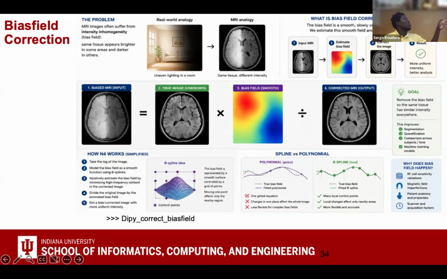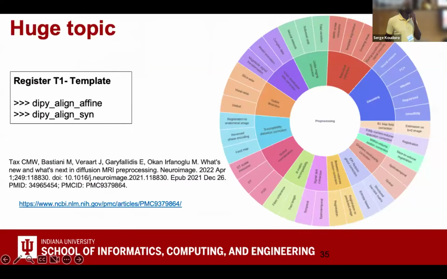So in DIPY, we have the polynomial and B-spline implemented. For N4 we use an external library, because the N4 algorithm is very complex and it isn't worth the time to implement it compared to the data we have. So we leave it to ANTs and ITK. Of course all the other libraries that we know use ANTs and ITK for doing that.